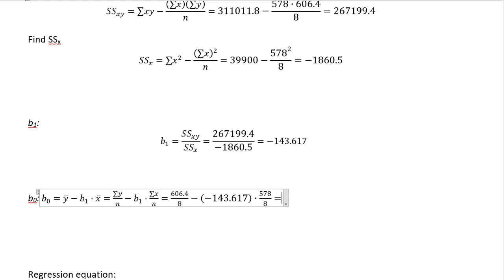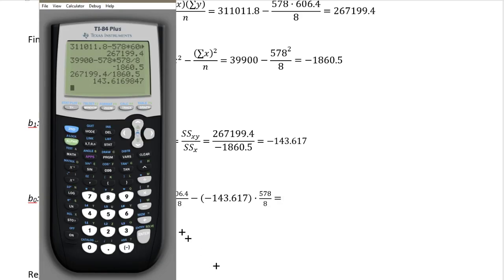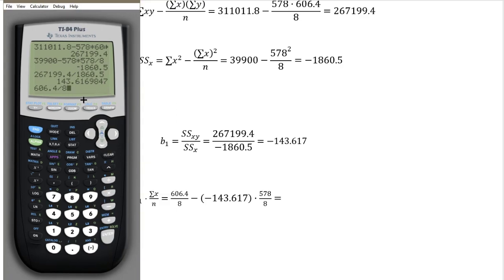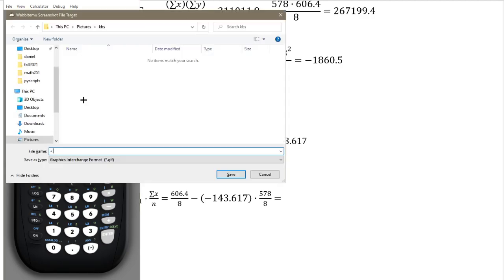Okay, so let's again put this into the calculator. 606.4 divided by 8, minus, actually minus will be plus, right?